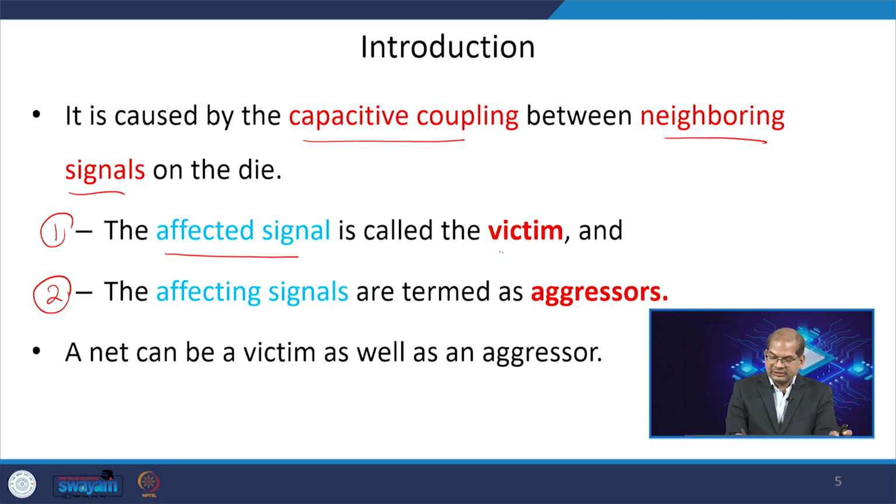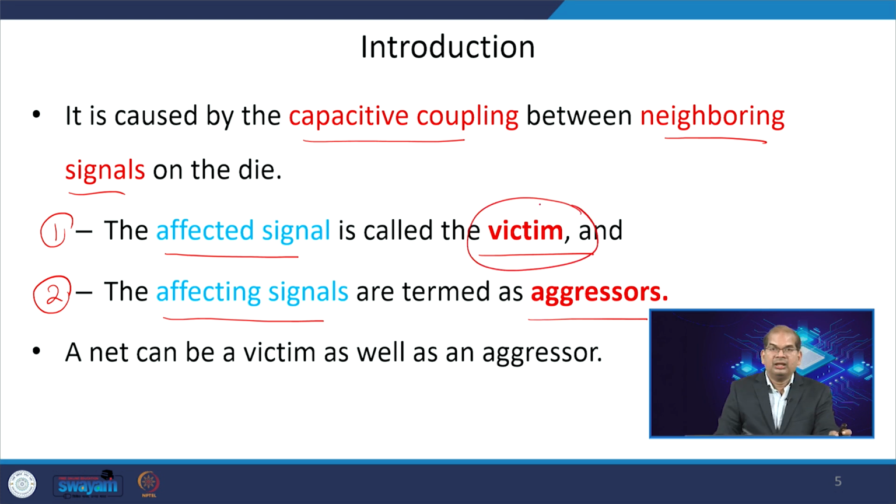The affected signal is called the victim signal, its signal will degrade, and the signal which is affecting is called the aggressor net. So, the affected signal is called the victim net and the affecting signal is called the aggressor net. One net can be a victim as well as an aggressor.